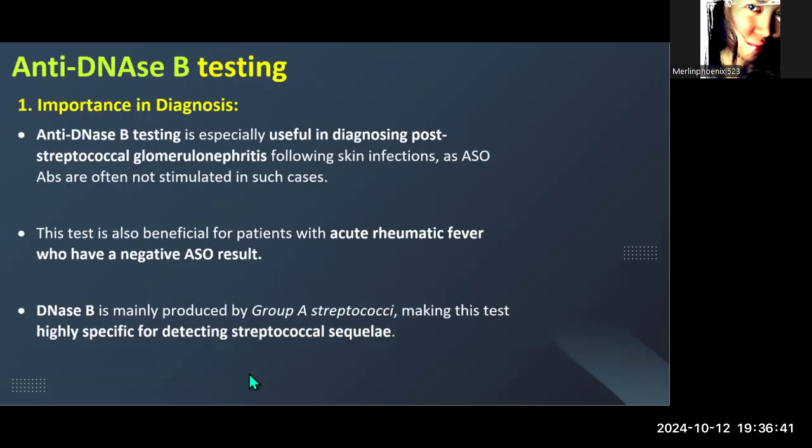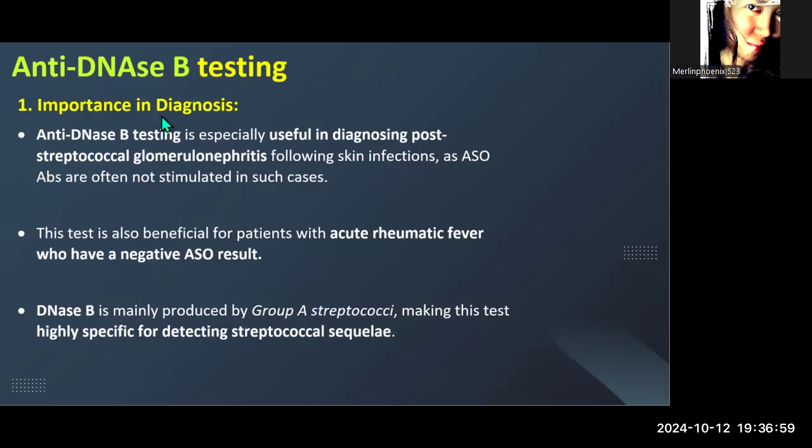Next, anti-DNase B testing is particularly valuable in diagnosing post-streptococcal glomerulonephritis after skin infections, as ASO antibodies are often not produced in these cases.